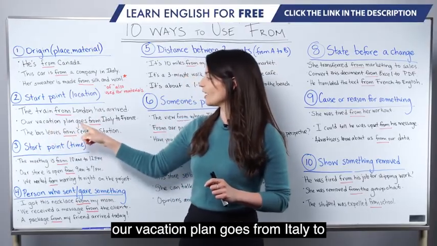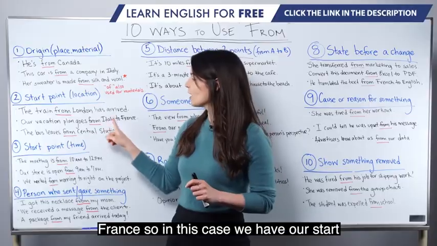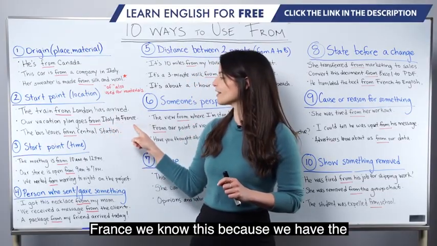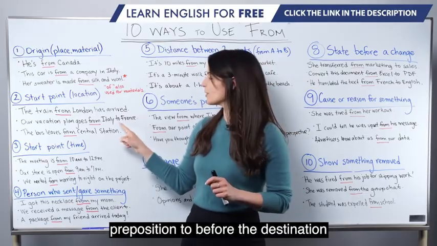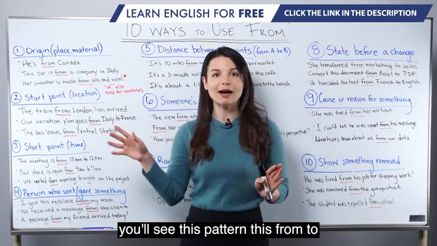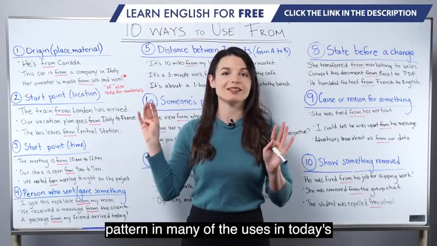Let's look at the second example. Our vacation plan goes from Italy to France. So in this case, we have our start point, Italy, and we have the end point, France. We know this because we have the preposition to before the destination. You'll see this pattern, this from to pattern, in many of the uses in today's lesson.